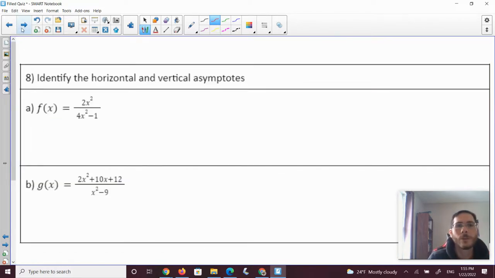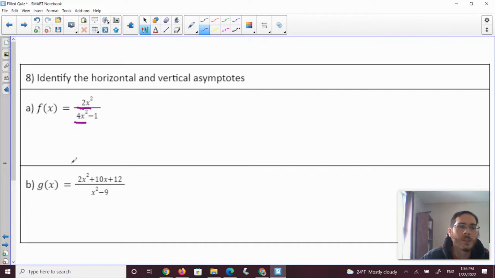Number 8, identify the horizontal and vertical asymptotes. So this time we can see we don't have the simplified version, so we can't say that there's 0, since we would have to simplify it if we want to use those familiar forms. So what we want to do is take our leading coefficients from both the numerator and the denominator.